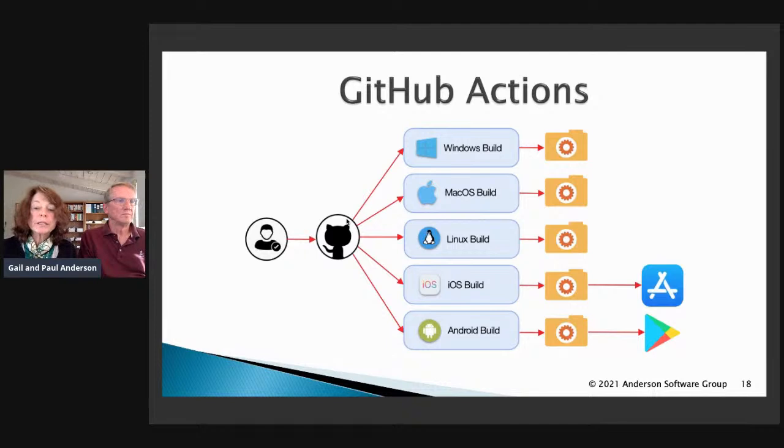So this is really nice, especially after you have your app in production and you're maintaining it. With this, you can fully automate delivery to the Apple App Store and Google Play. The GitHub action gets invoked when you do a push on your repository.